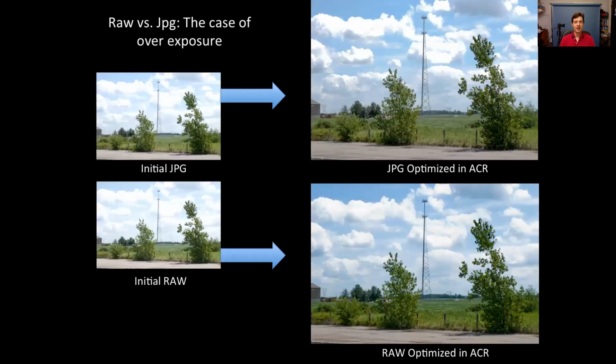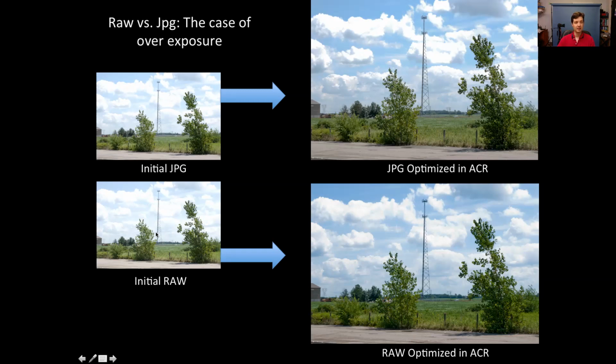So let's go to that example number 3 case, and we're going to talk about how JPEG is not as good as RAW when we're trying to optimize our image and correct from a possible overexposure. In this case, you can see on the left, we have a photograph that was overexposed to begin with. So the clouds in particular are kind of blocked up white.